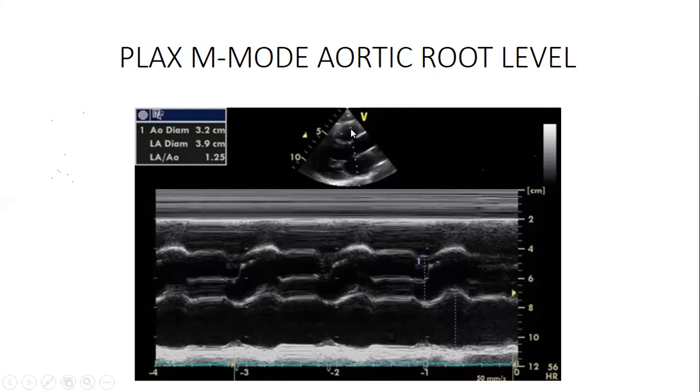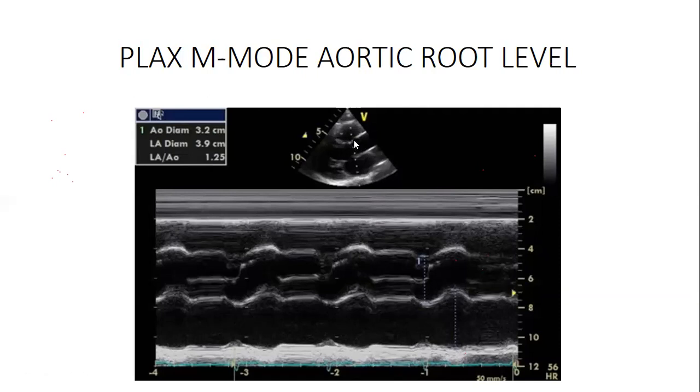So the distance from this point up to there, this whole area, it's the right ventricle, because this is the right ventricle here. Are we together there? Yes, I've understood that.